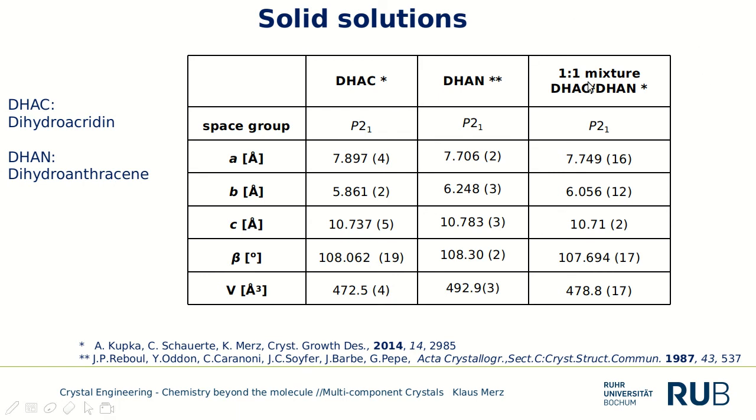And it doesn't matter if you switch the ratio. For example, 0.1 of dihydroacridine and 0.9 of dihydroanthracene, or 0.2 to 0.8, whatever you want, no? Whatever you want, you will always get the same cell constants. And we have a very nice example for solid solutions.